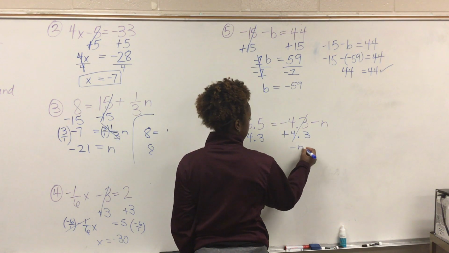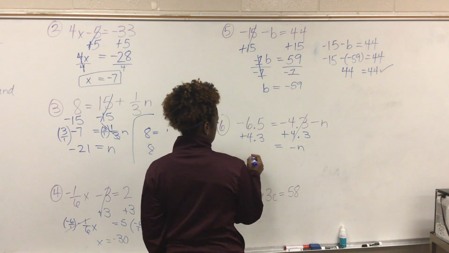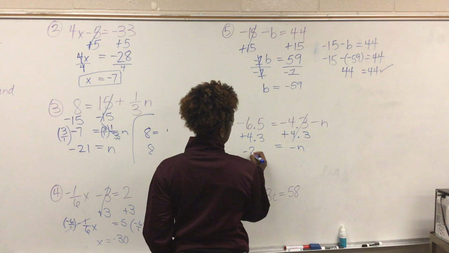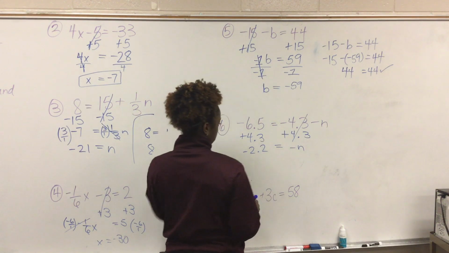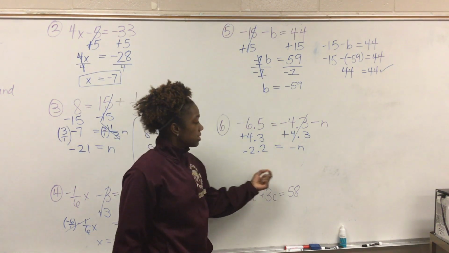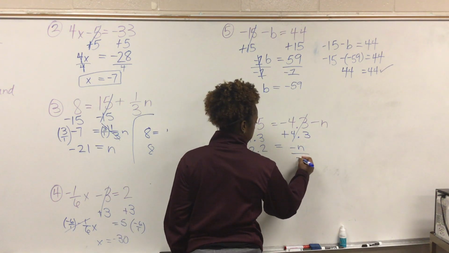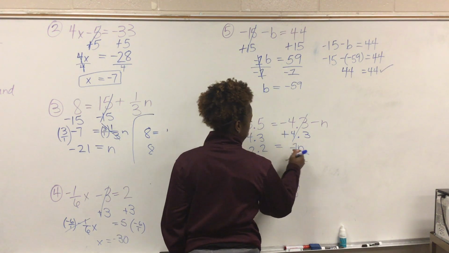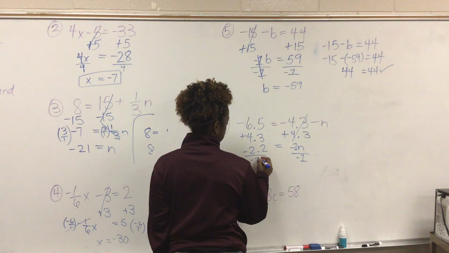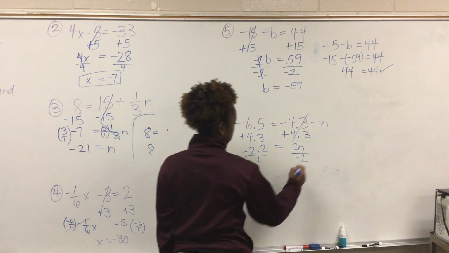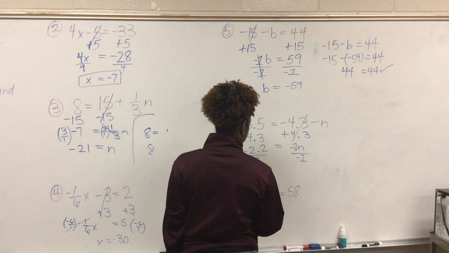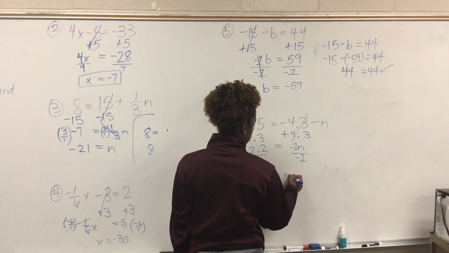I'm left with negative n equals negative 2.2. Still not my answer because my variable is negative. So I need to divide both sides by negative 1 because it's an understood 1 here. And then I will get 2.2 equals n.